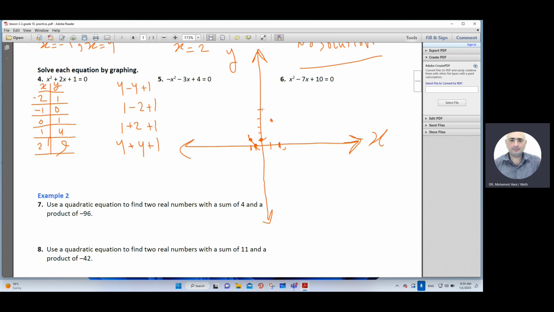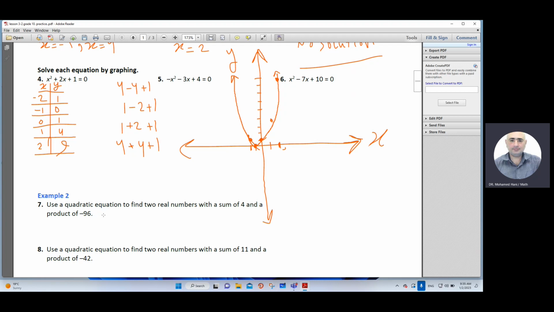This is 4, 5, 6, 7, 8, 9. So the point will be here. Then you can connect them. You will get the graph.